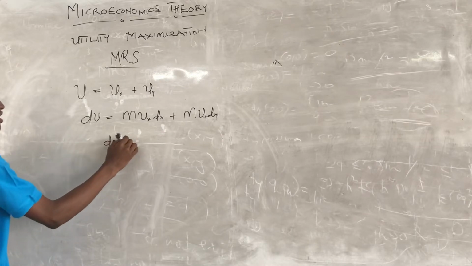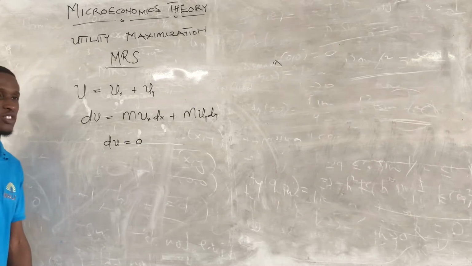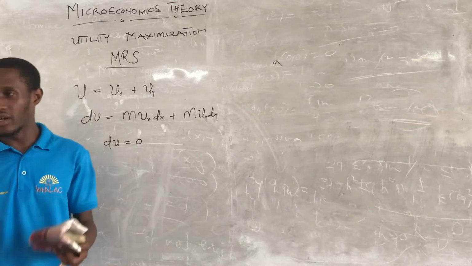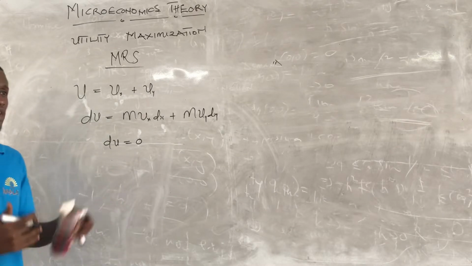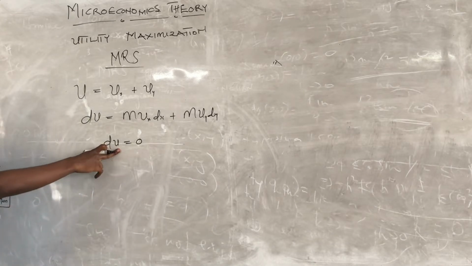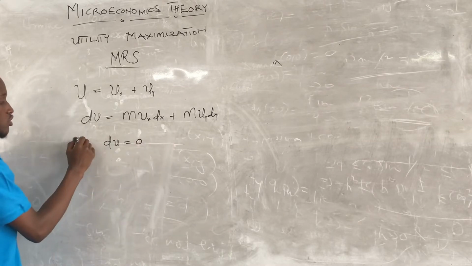The first derivative is believed to be equal to 0. So for minimum or maximum differentiation, the first derivative should be equal to 0. The first derivative is said to be necessary, but not the sufficient condition. For the sufficient condition, you have to find the second derivative, but now we are only looking at the first derivative. So let du be equal to 0.